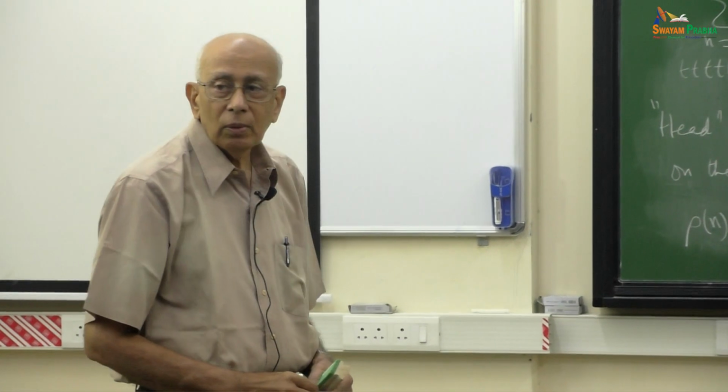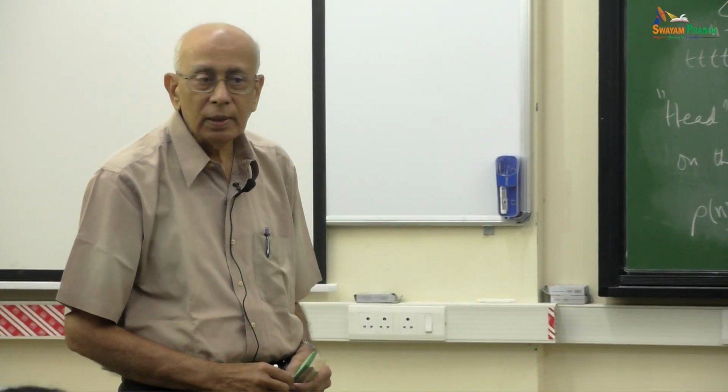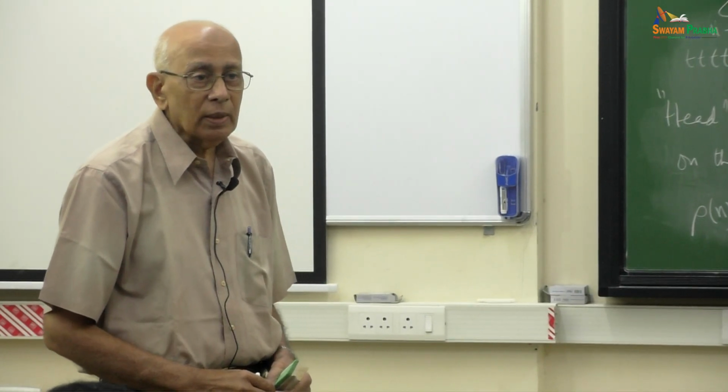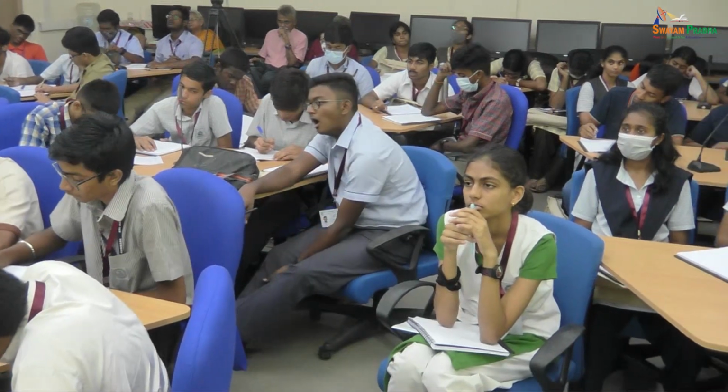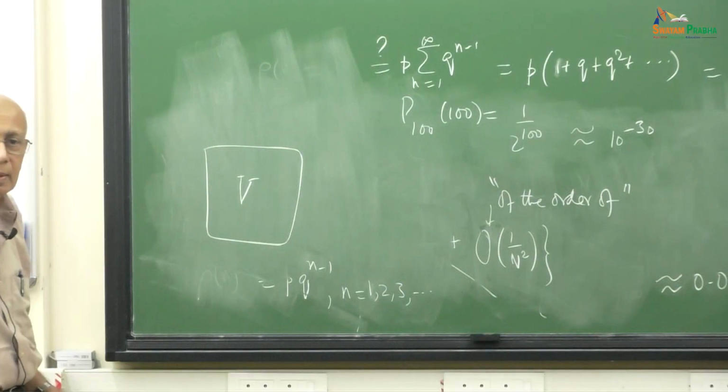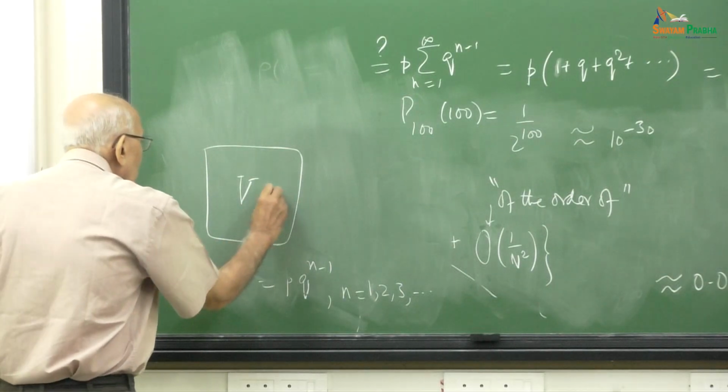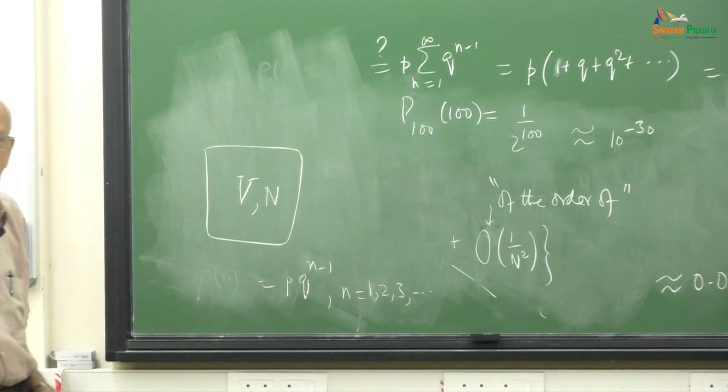So I'll stop here now and we'll resume from this point. Meanwhile, I want you to calculate the following quantity as an exercise. We'll take all the gas in this room, in a volume V, and there are N molecules of air.